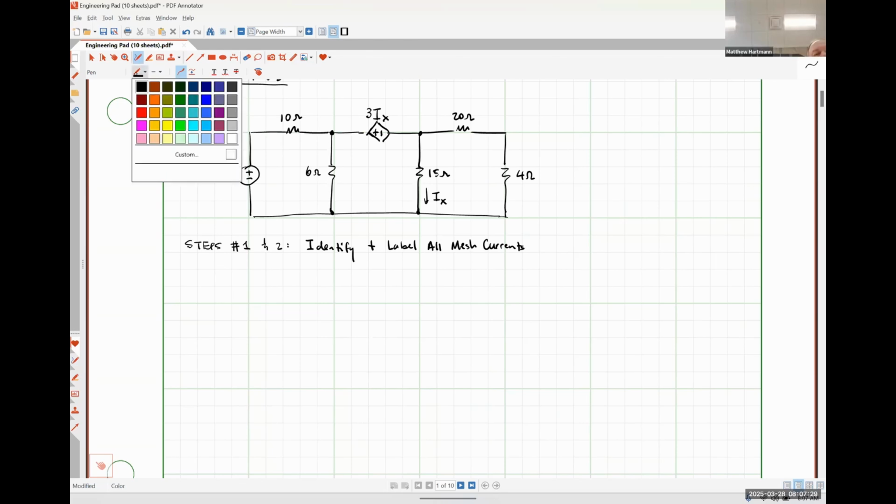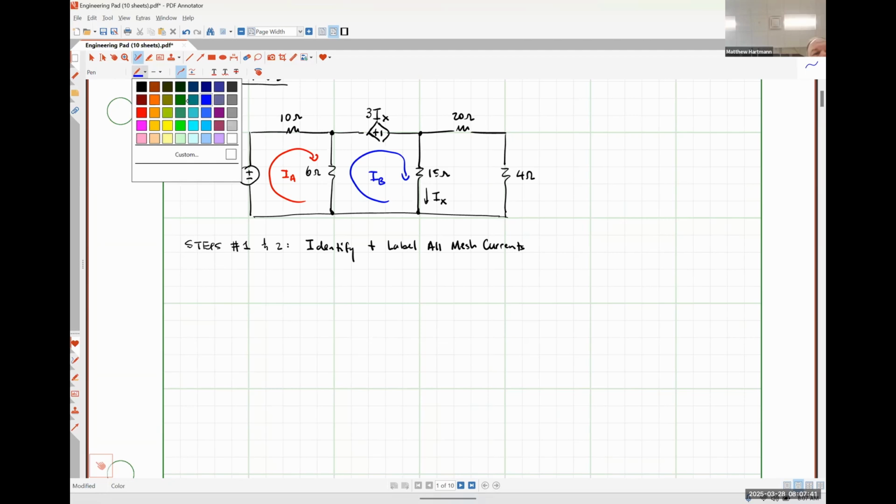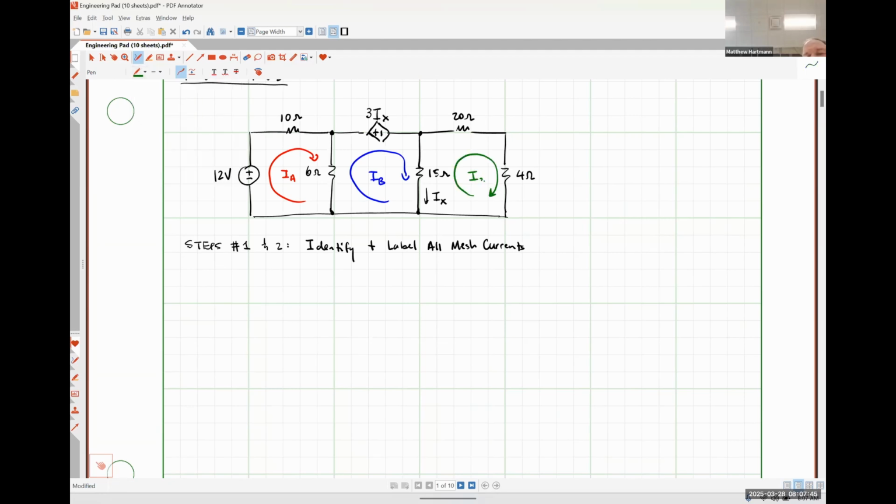Okay. So over here on the left, I might have a mesh current IA. Over here in the middle, I might have a mesh current IB. And over here on the right, I might have a mesh current IC.